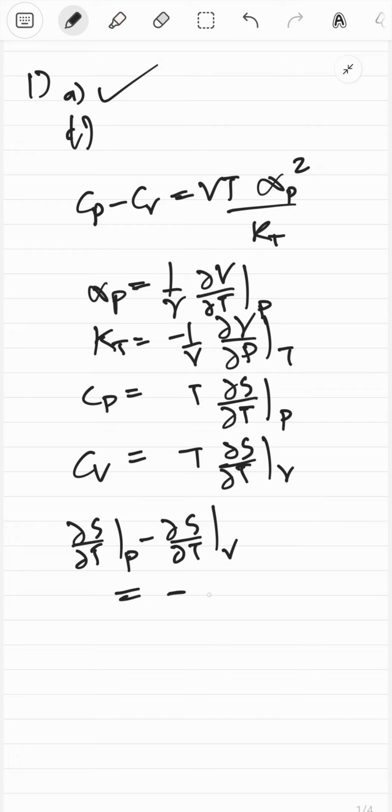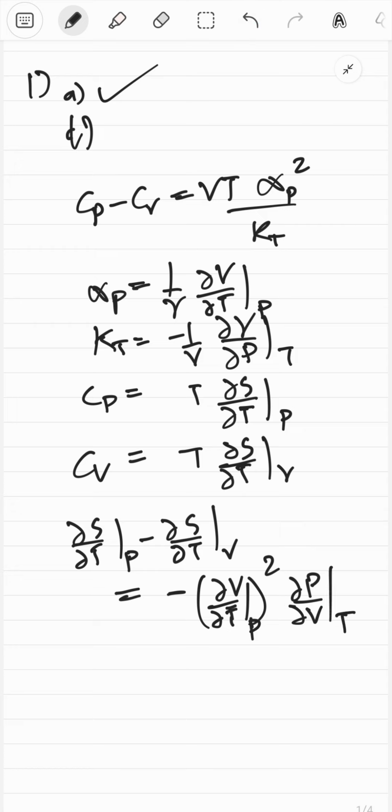So we just have alpha P squared, it's just this thing, and then upon Kt, so it's partial V by partial P at constant temperature. Now this thing is, by the way, at constant pressure, isn't it? And this whole thing just becomes partial P by partial V at constant temperature, because obviously you can do that. Yes, you can do that. Don't doubt me. We can certainly do this.